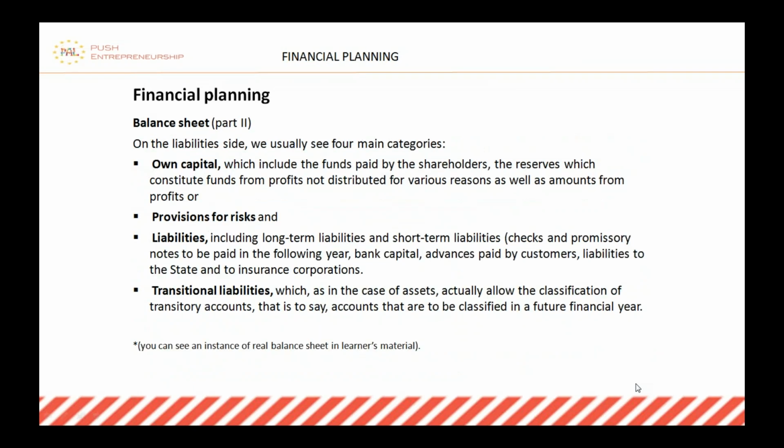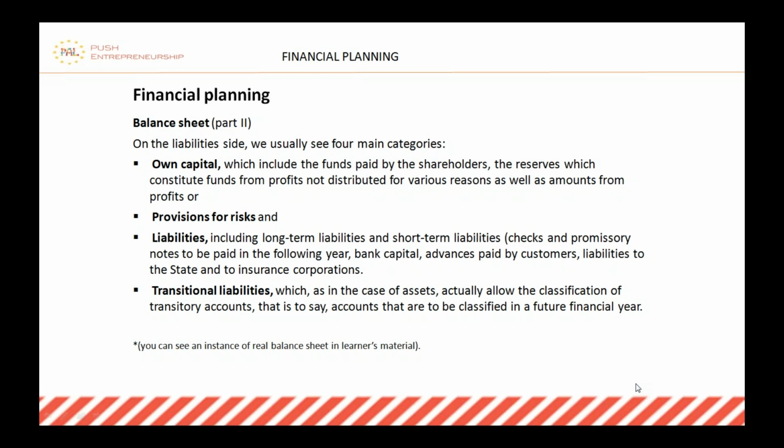On the liability side, we usually see 4 main categories. Own capital, which include the funds paid by the shareholders, the reserves, which constitute funds from profits not distributed for various reasons, as well as amounts from profits, or provisions for risk.